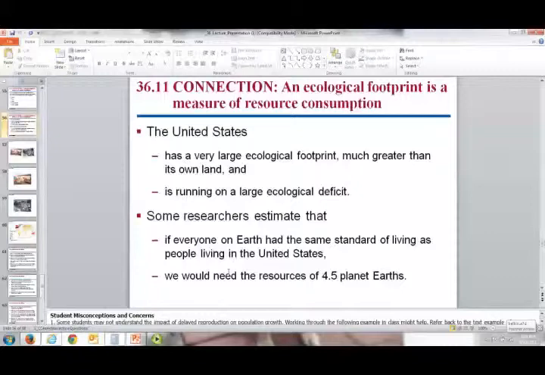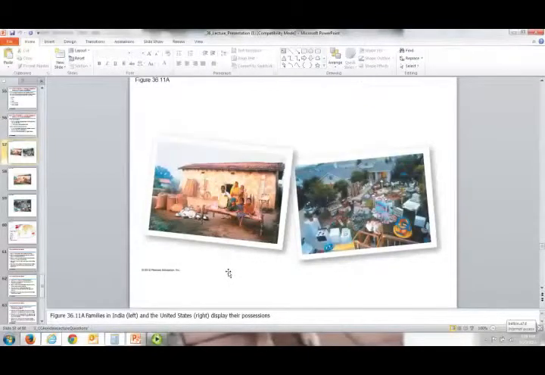That's just one example of how the United States has a larger ecological footprint. So here's a comparison of a home in a third world country versus a fancy home in the United States. Granted, there are plenty of people in the United States who certainly don't live to the standard shown in that picture.